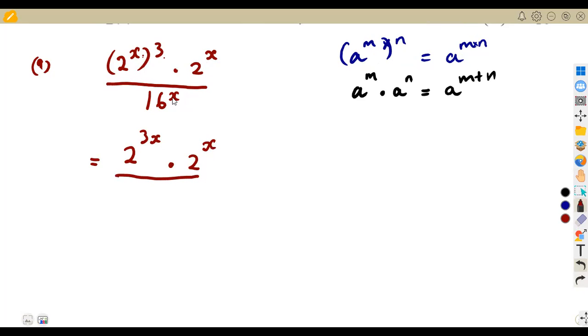But what about 16? What am I going to do with 16? 16 is the same as 2 to the exponent of 4. All right? 2 times 2, 4 times, gives us 16. Or like I said, you test on your calculator. You know that you're dealing with 16, so you can try at least working with 2, all right?